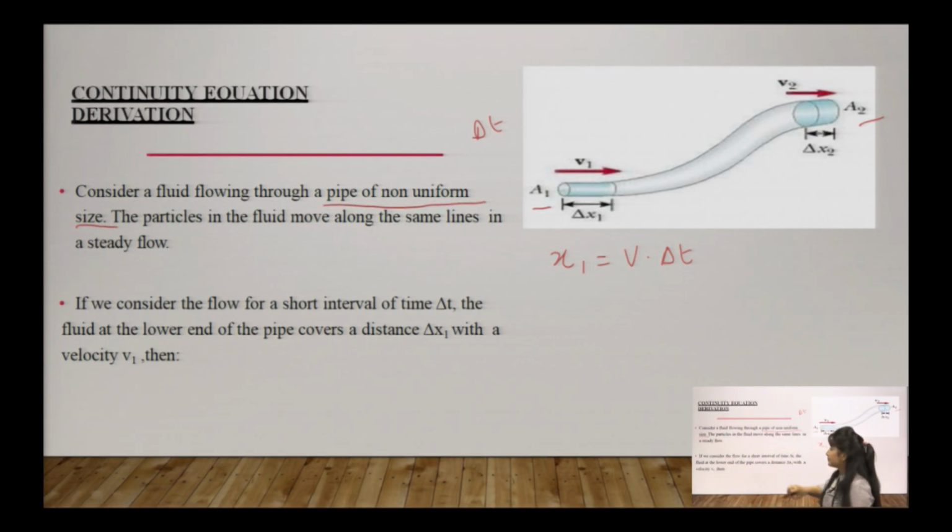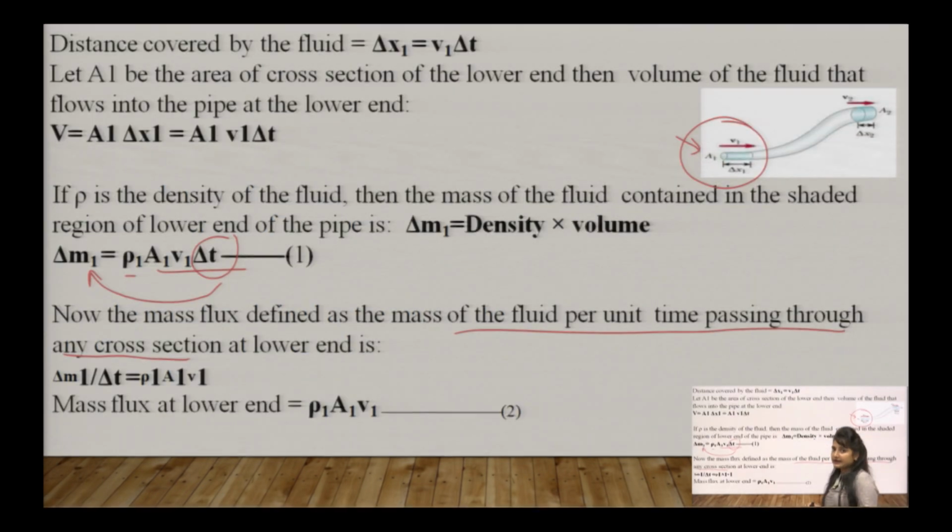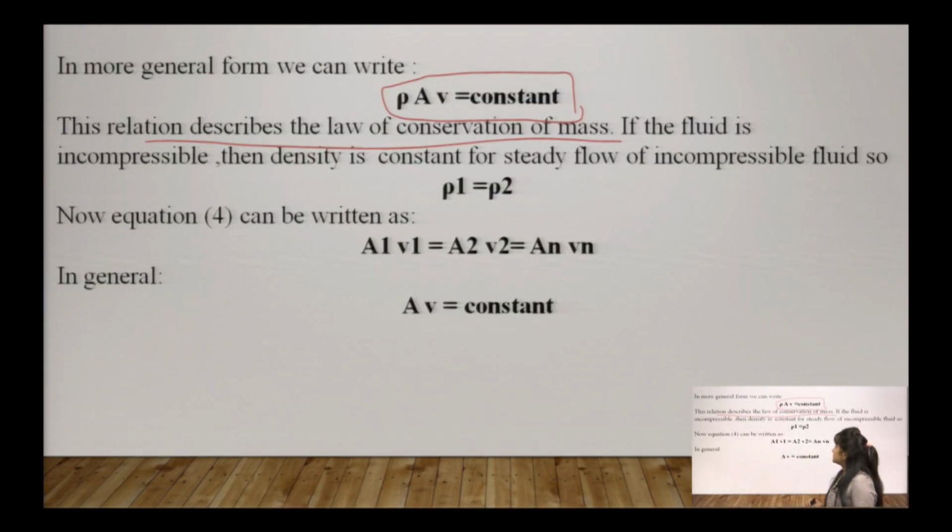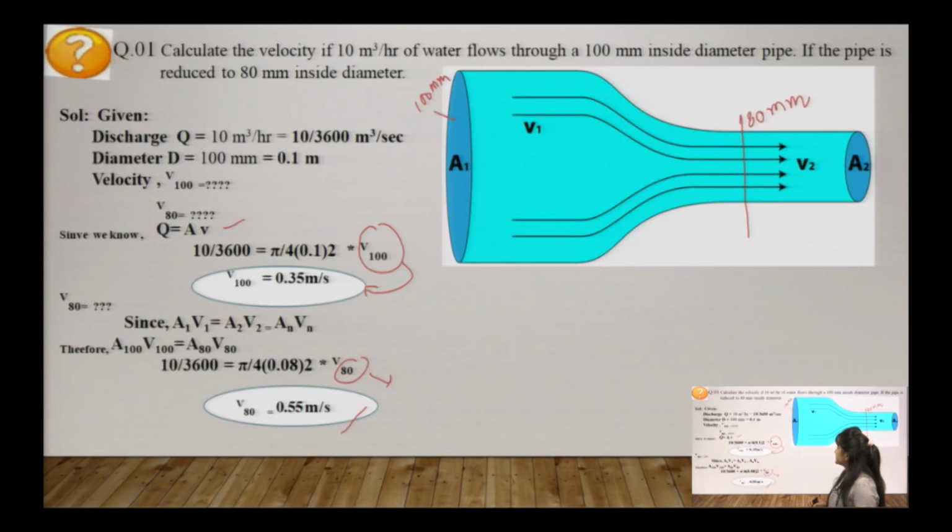We are taking a pipe of non-uniform size, and hence the discharge was constant. Therefore, we substitute the same discharge for 100 mm and for 80 mm, because the amount entering this phase will be equivalent to the amount of mass leaving this phase.